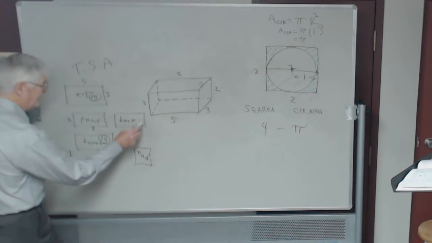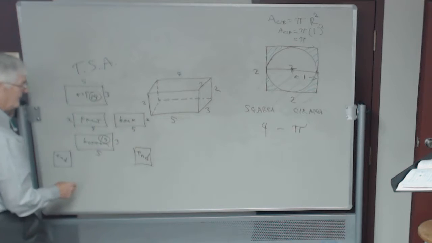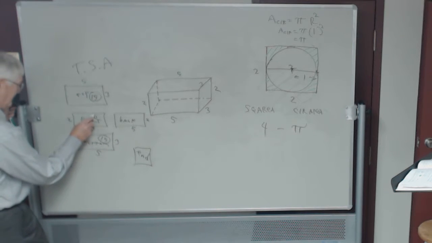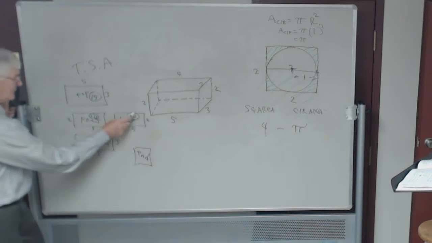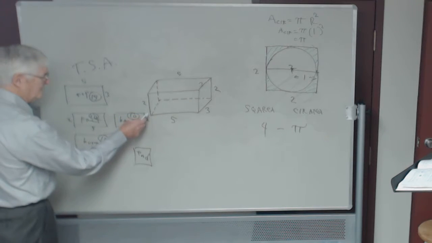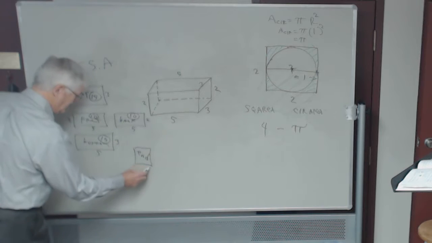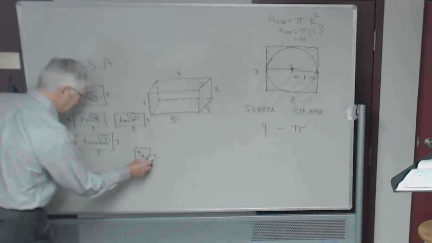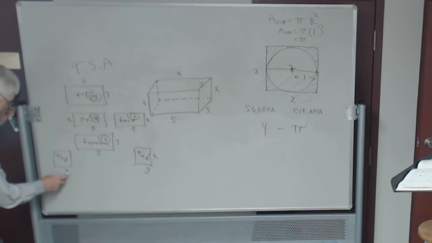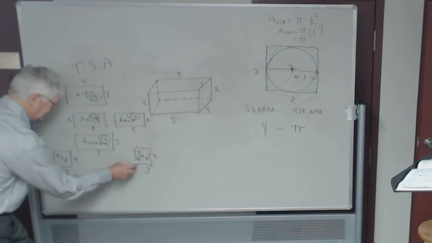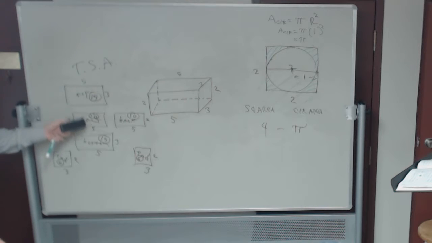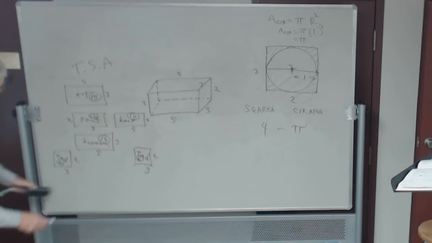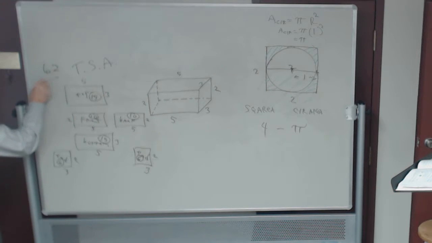And the back? 5 by 2. So that's 10 and that's 10. And the ends? 3 by 2, so that's 6 and that's 6. So the total surface area is 30, 40, 50, 62.